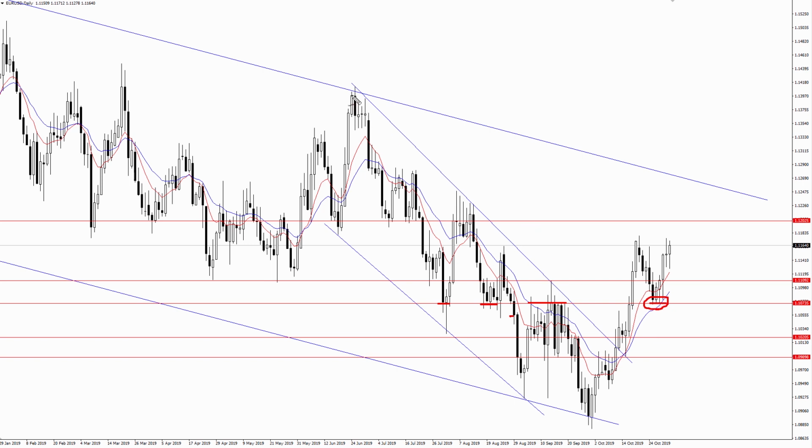Notice how since this topping price action back here, the pair formed a series of lower lows and lower highs. Since the EURUSD broke out from this descending channel on this candle right here and also retested that 109 support level I mentioned, you can see how the euro is starting to carve these higher highs.